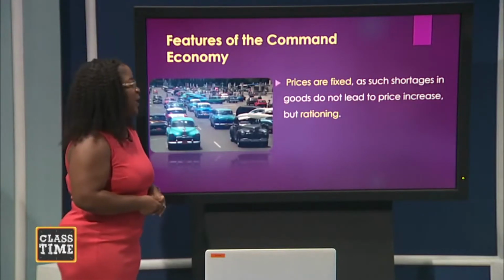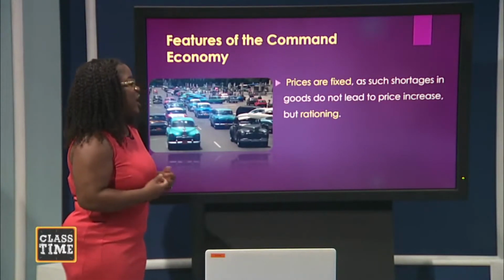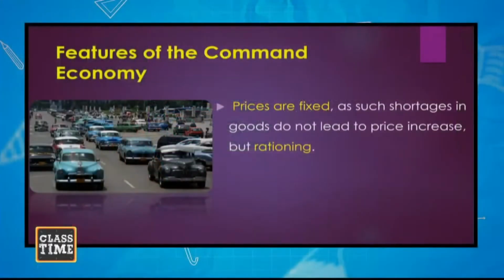Prices are fixed, and if there are shortages, instead of price hiking due to shortages, there's rationing. We know that, especially in our economy, if there is a shortage of certain goods and services, there is a modification to price, right? So, for instance, right now, tomatoes are scarce, and the last time I've been to the market, it was $500 per pound. $500 per pound for tomatoes.